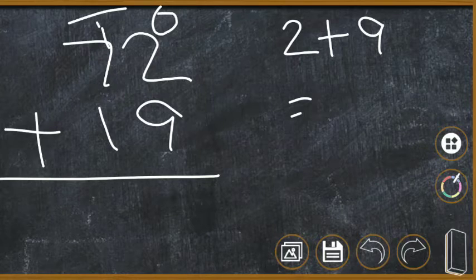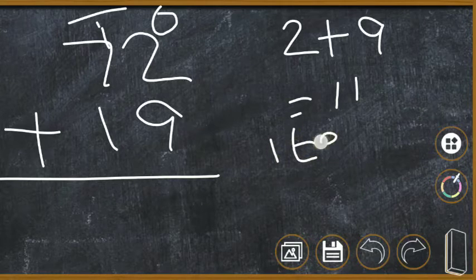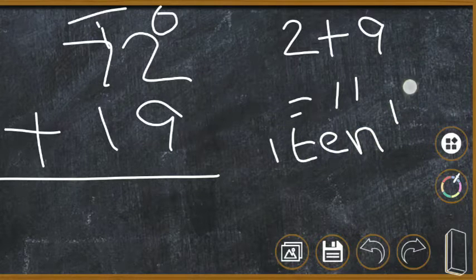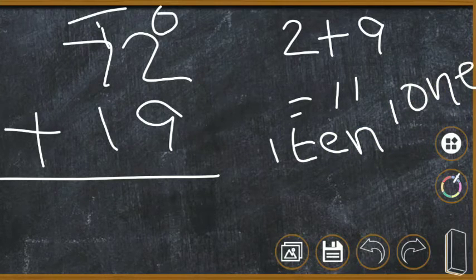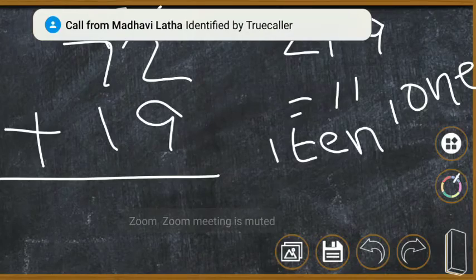The biggest number is 9, and take 2 fingers. 9 plus 1 is 10, 10 plus 1 is 11. In this number 11, how many tens and ones are there? 1 ten and 1 one.